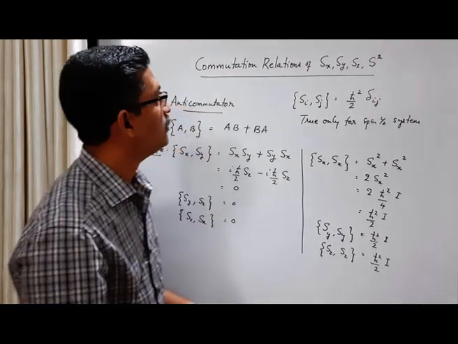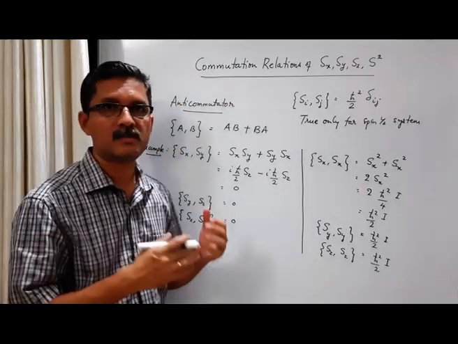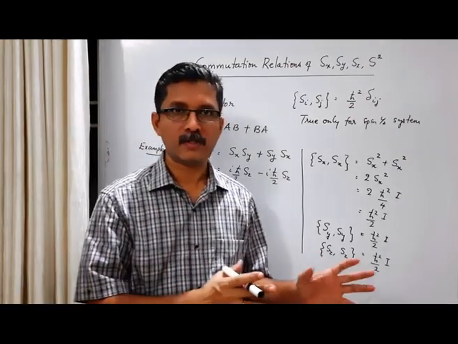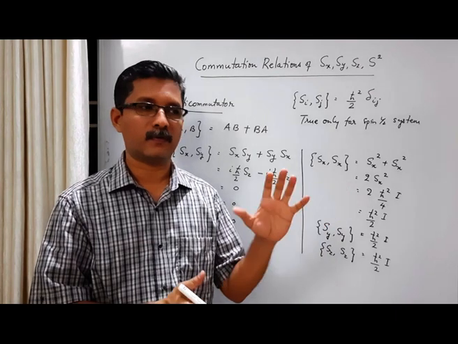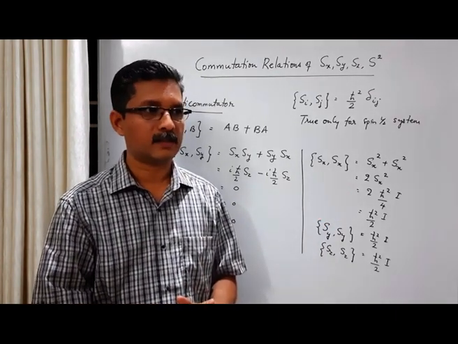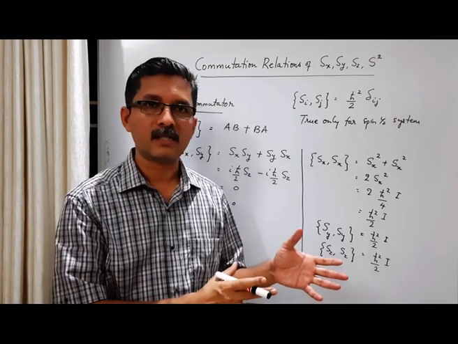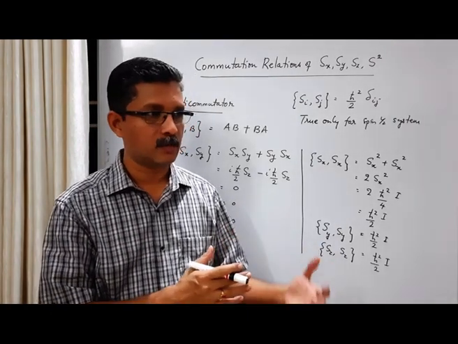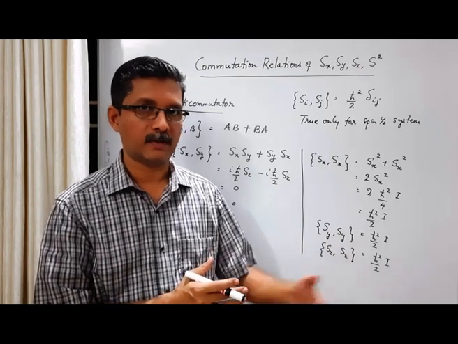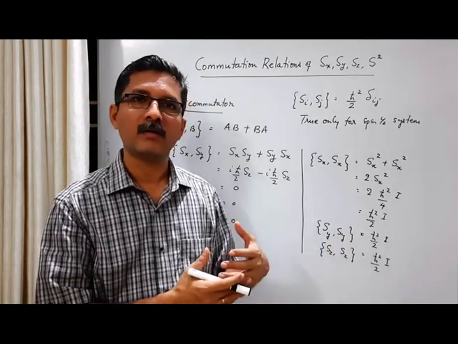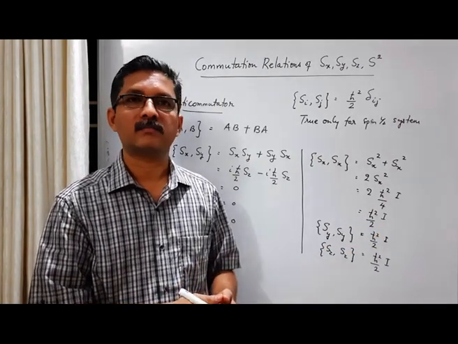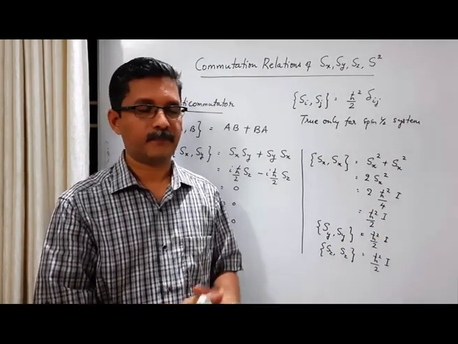Okay, so in this class we have discussed what is a commutator, and what was the motivation for defining a commutator. Okay, so this is connected with the result that we obtain when we do sequential measurements of two operators, one after the other. So when we change the order, we get a different final state. Then that means that they are non-commutative. Okay.